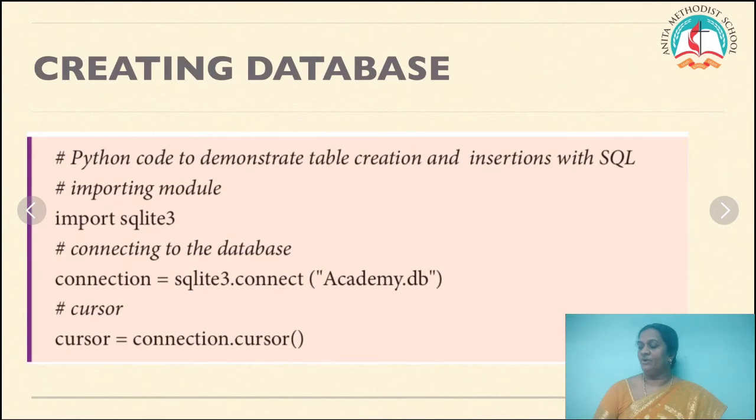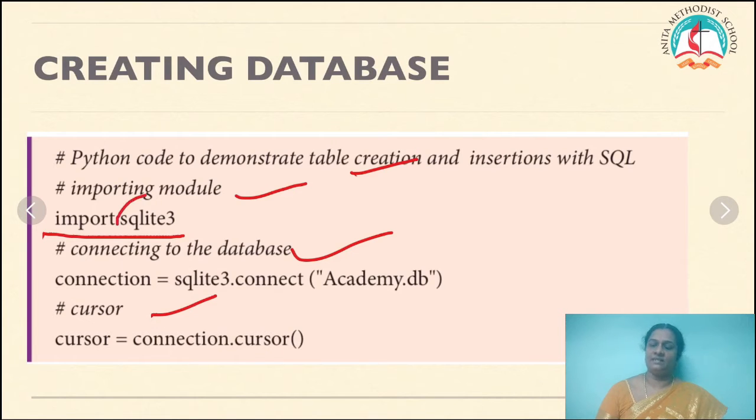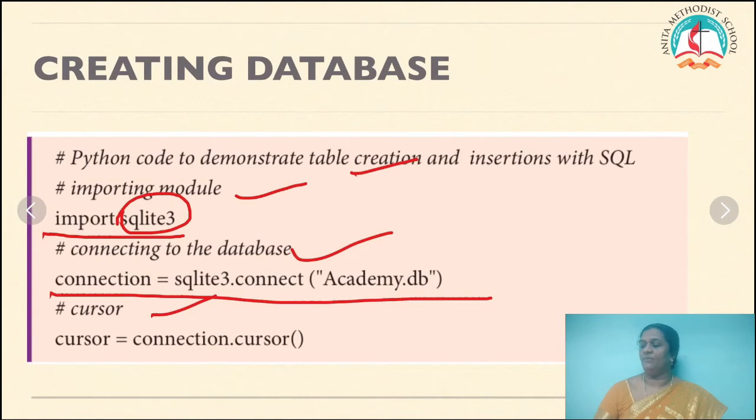Import module. All the lines with the hash symbol say what we are going to do. Don't worry about it, just concentrate on this. Import sqlite3. So sqlite3 is the database name. And then connection is equal to sqlite3.connect academy.db. This is very important. Academy is the name of the database file.